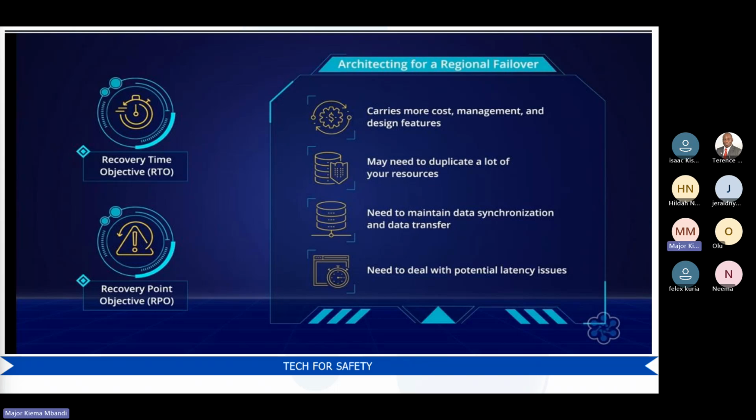If you have shorter RTO and RPO, it means your application should be highly available, so you can make use of multi-region. But if you have a longer RTO and RPO, it means your business can withstand interruption. So you can just make use of multi-AZ deployment, as we were discussing, in availability zone 1A and availability zone 1B.